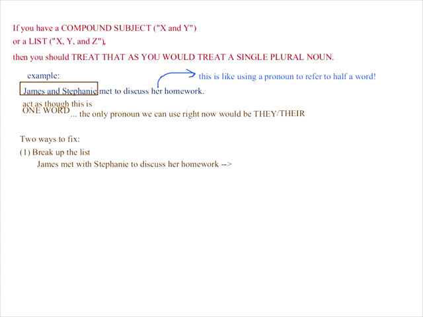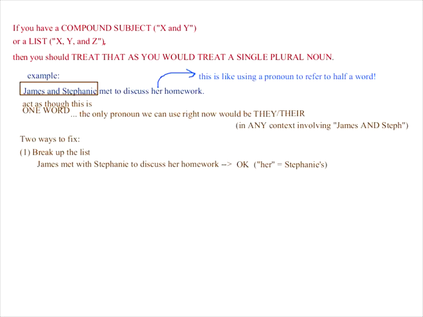I'm just saying in any context involving James and Stephanie, so not just this one context. So if that doesn't clear that up, then just type again. One way to handle this is to break up the list. James met with Stephanie to discuss her homework. This is okay, because now her is Stephanie's.